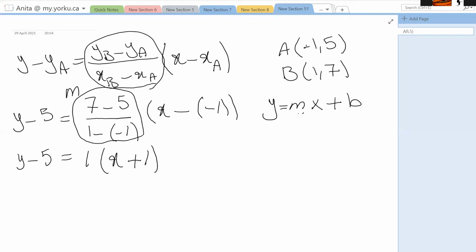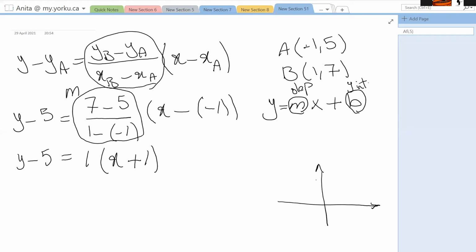Okay, so this is called slope and this is called y-intercept. What does y-intercept mean? Y-intercept refers to the point where the line crosses the y-axis.